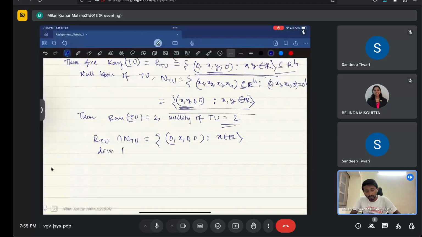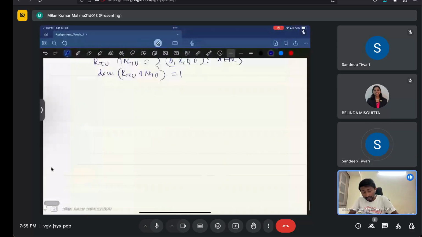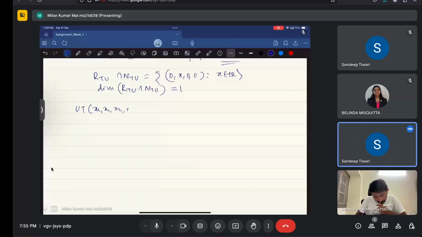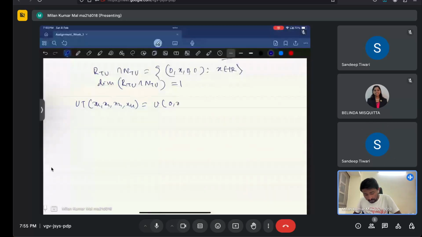So automatically this condition will be correct, but we will check properly. One can easily check. I'll just write U(T), that will be better. So U(T)(x1, x2, x3, x4) — there is not much time, so I'll try to quickly write — will be (0, x1, x2, 0) first, and next it is just shifting things: (x3, x4, x2, 0, 0, 0).